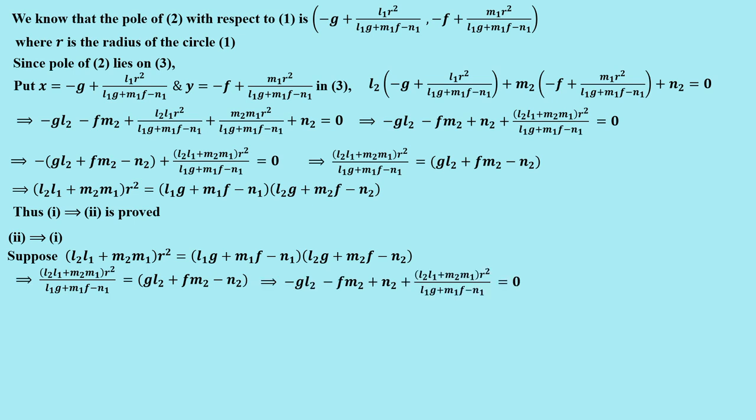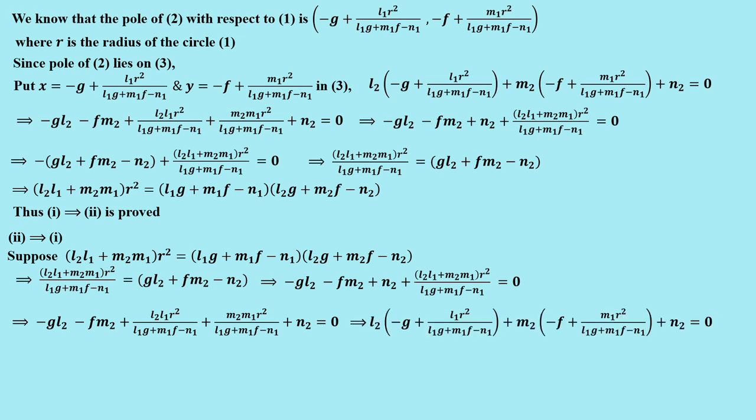So that is minus GL2 minus FM2 plus N2 plus, just reverse of the above terms, plus L1 L2 plus M1 M2 r square by L1G plus M1F minus N1 equal to 0. This is just if and only if in reverse. This implies minus GL2 minus FM2 plus L1 L2 r square by L1G plus M1F minus N1 plus M2 M1 r square by L1G plus M1F minus N1 plus N2 equal to 0.